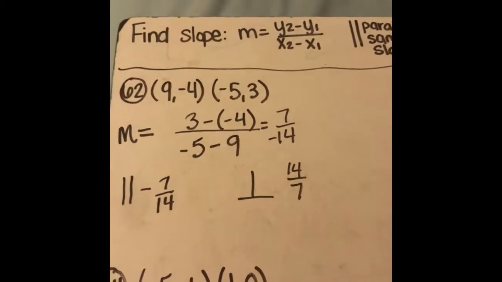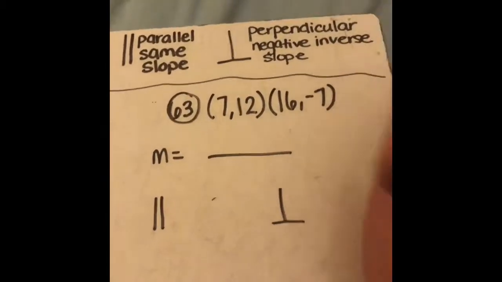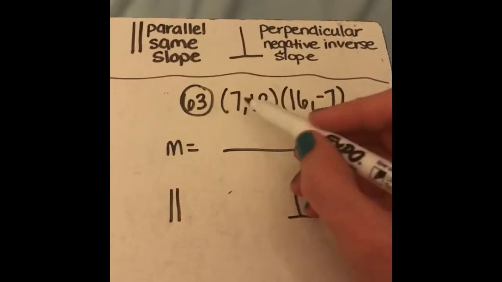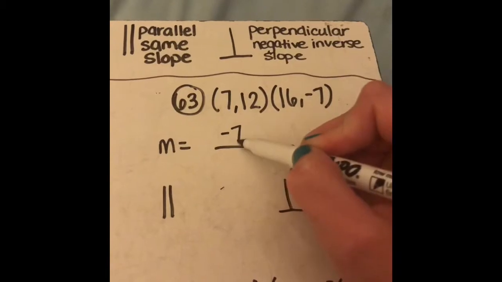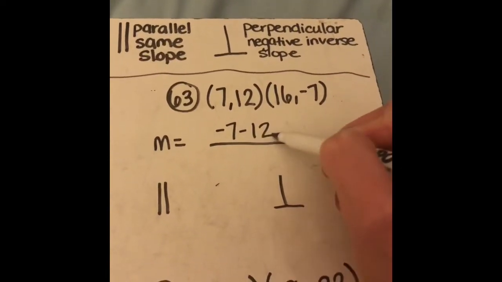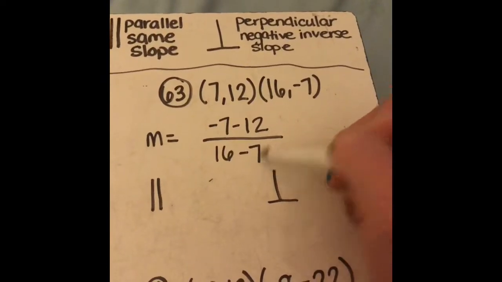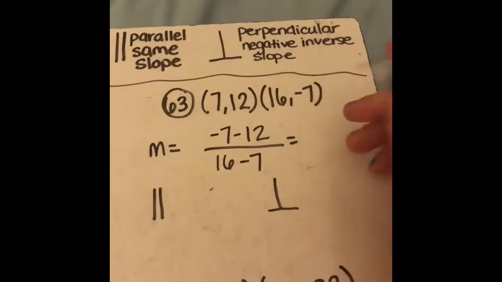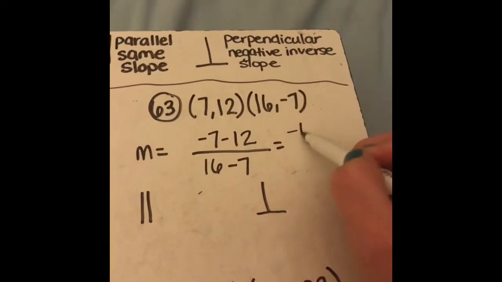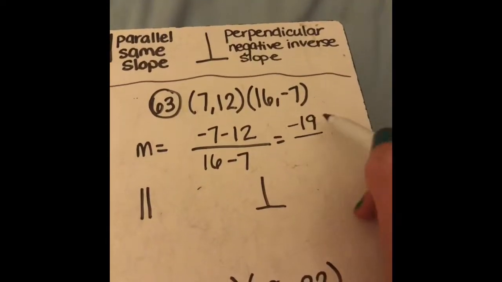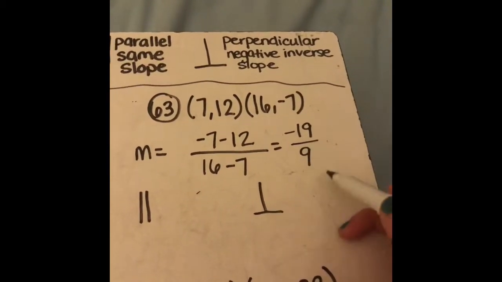Okay, and then for 63, first you find the slope. Negative 7 minus 12 over 16 minus 7. And so we have negative 7 minus 12 would be negative 19 over 16 minus 7 is 9.